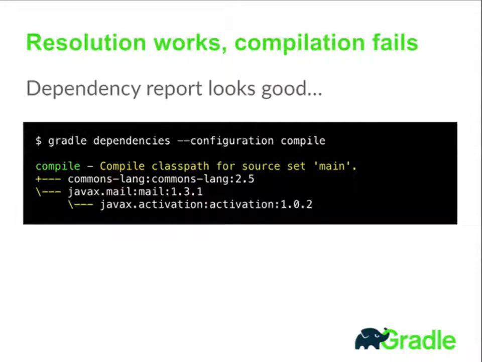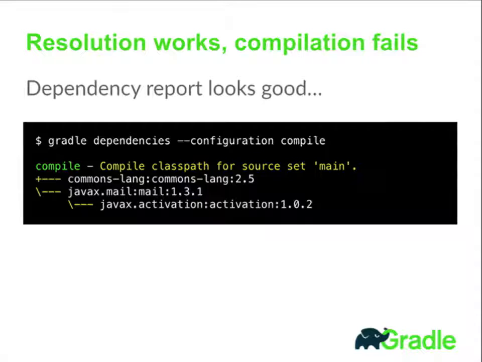Well, that's one situation. The other situation is that you run the dependency report and it doesn't report any failure, but if you run your compilation task, it fails because it couldn't resolve a dependency for whatever reason. So in this case, we actually changed the version of JavaMail, so we know that version didn't exist in the repo. We changed it to 1.3.1 that actually exists on Maven Central.